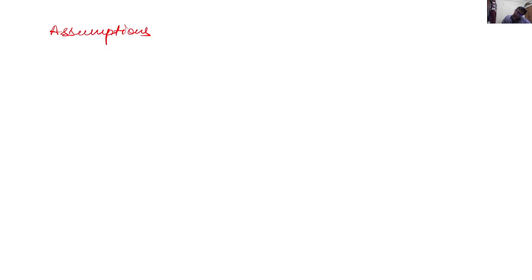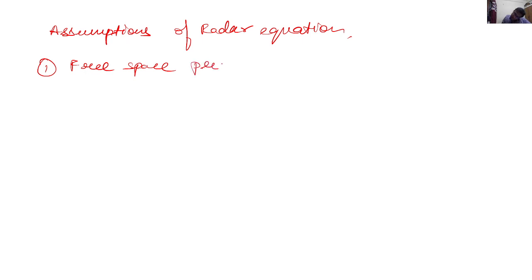So the first assumption was free space propagation. That is, the electromagnetic waves travel in a straight line from the transmitter to the target and back to the receiver without being obstructed by any obstacle. Which is of course a very simplified assumption.